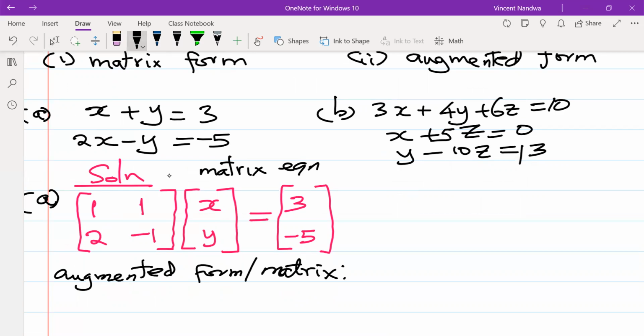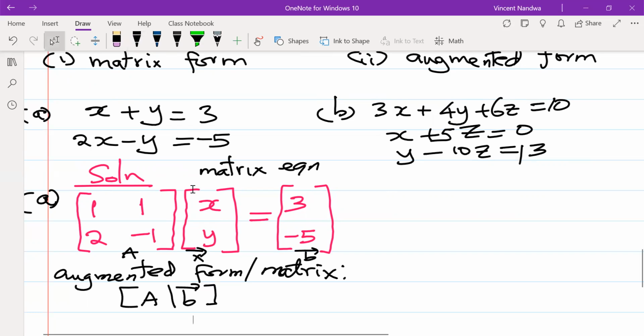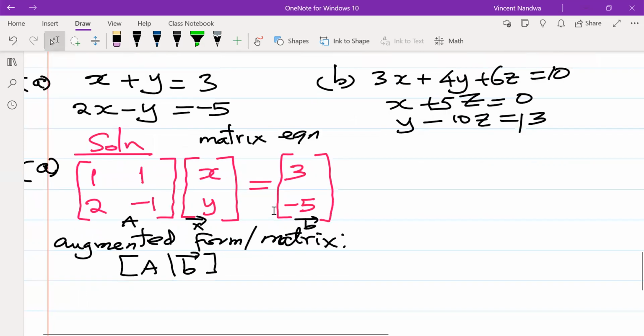Remember, this is our A, this is our x vector, and this is our b vector. So the augmented matrix is A, then b. Once we have the matrix equation of the system, it's very easy to write the augmented form by simply picking the coefficient matrix, separating by a line, writing the constant matrix, and then writing it as one complete matrix.